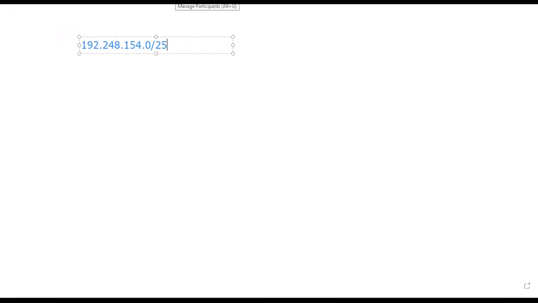Now this 25 represents the network bits, right? It represents the network bits. So 25 bits are there for the network.